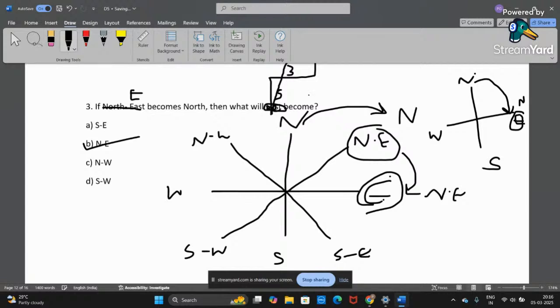Then what will south become? If east becomes north, then what will south become? What is the answer? This north is replacing to here, that means it is rotating 90 degrees. No, it's not west.